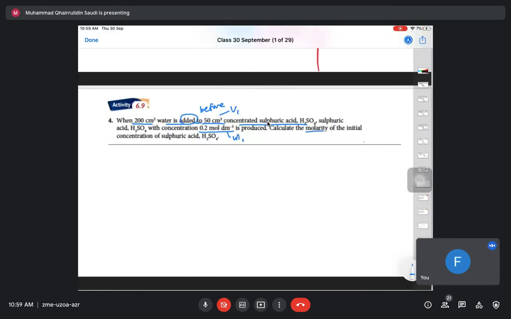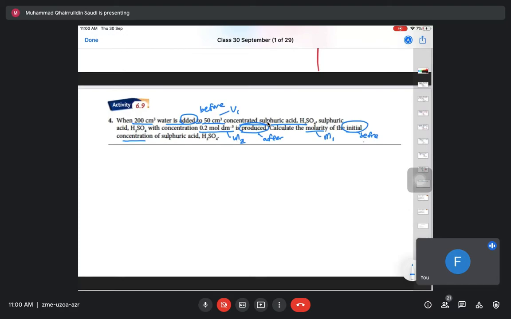Calculate the molarity of the initial, so this is M. Concentration of 0.2 mole per liter is produced. So produced is after our product, so this is our M2. Calculate the molarity of initial, meaning before. So the question wants M1, the initial concentration of sulfuric acid.